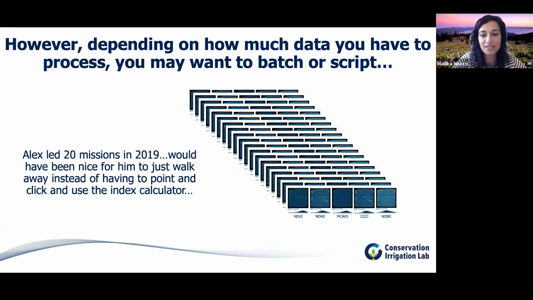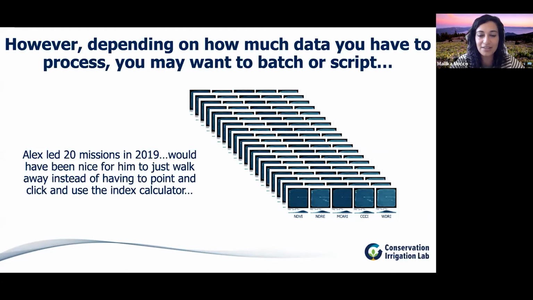But then this is kind of where we started going. And this is, I would say, the blessing and the curse of being able to work with drones and collect these data: it's relatively easy to amass a lot of data.